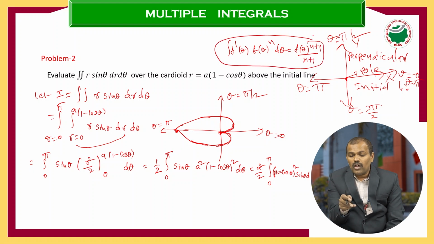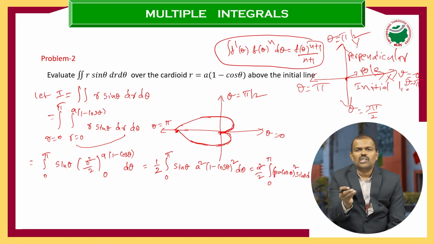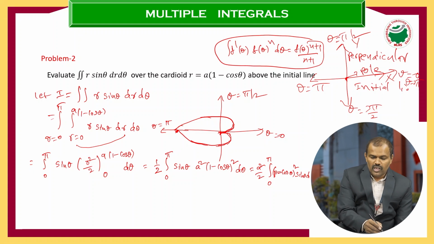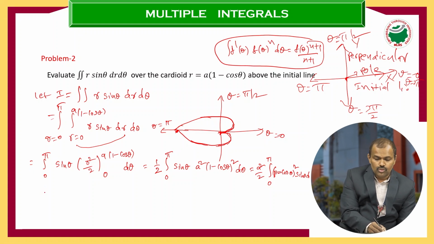How would you know this formula is involved here? The simple logic: 1 minus cos theta is f of theta. What is the derivative of 1 minus cos theta? It is sin theta. So that is the formula involved here: integral of f dash of theta into f of theta power n. n is 2. When I apply that formula, a square by 2 is a constant.